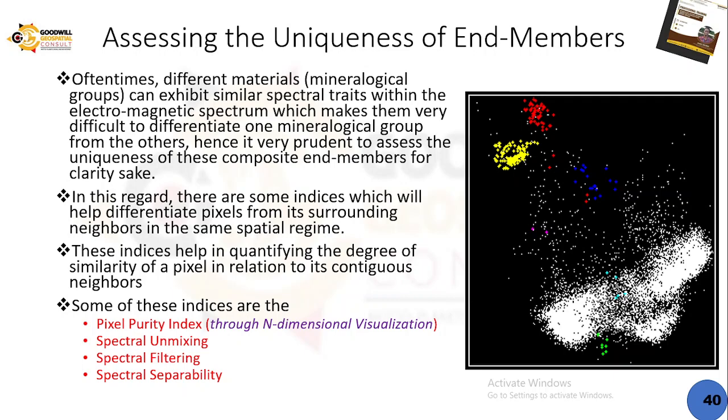Now, how to assess the uniqueness of endmembers, as discussed, endmembers are a collection of spectral signatures. So we collect spectral signatures, but how to assess them? How unique are these spectral signatures?